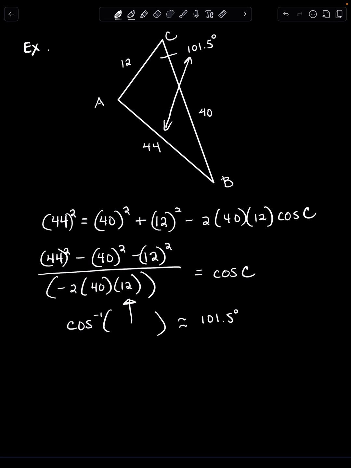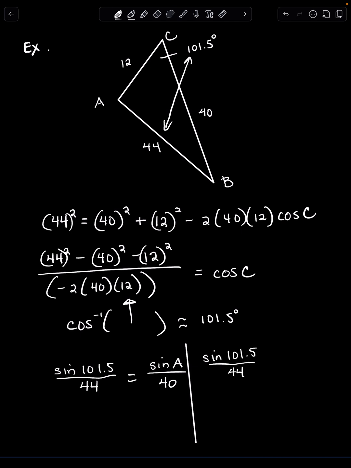So let's do that. So we're going to do the sine of 101.5 over 44, and it doesn't matter if we find a or b first, is going to equal the sine of a over 40, right? That's one of our proportions. To find b, we would do the exact same thing using b.